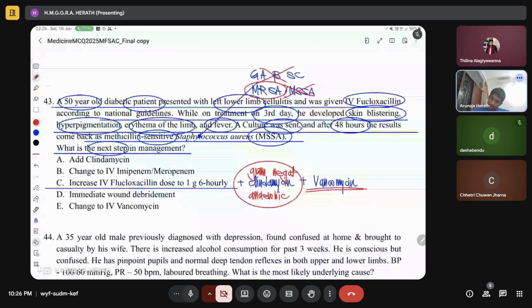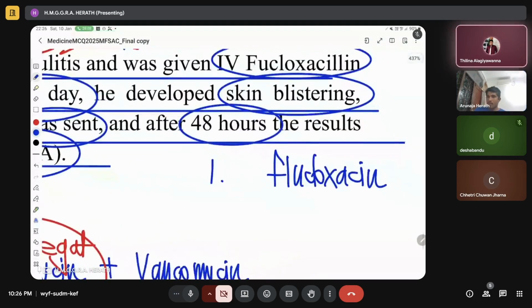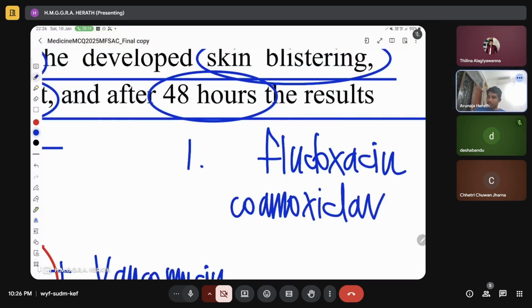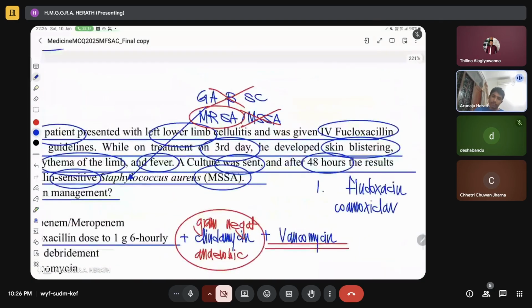Okay. Usually, the first recommendation in treating cellulitis is IV flucloxacillin. What is the other antibiotic that can be given if flucloxacillin is not available? Yeah, co-amoxiclav. If flucloxacillin is not available, we can give co-amoxiclav also. Okay.